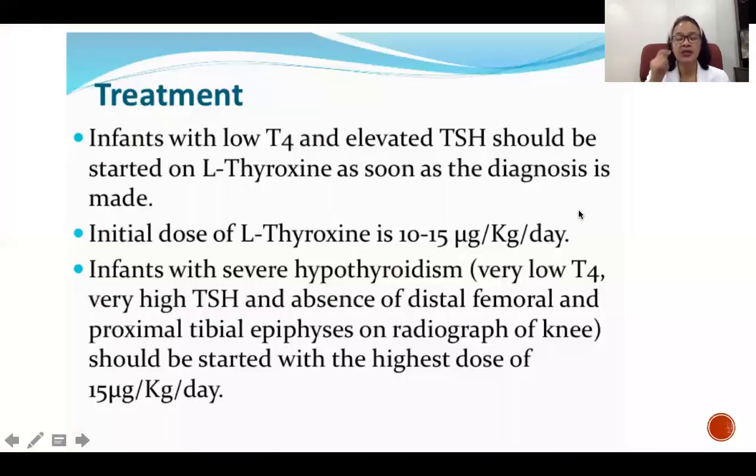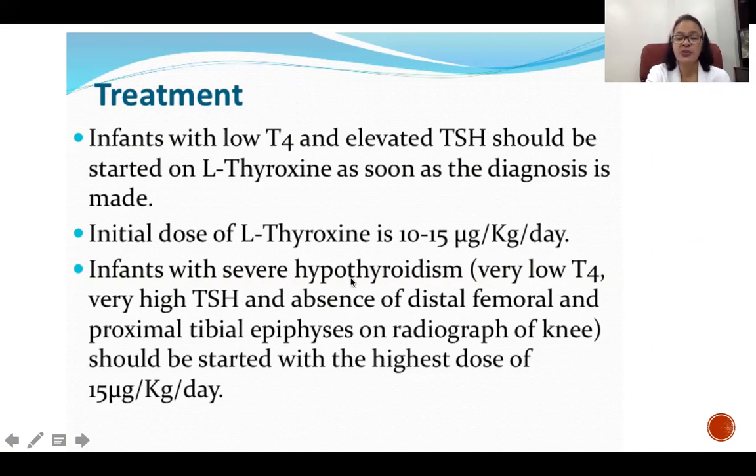So how do you treat congenital hypothyroidism? Infants with low T4 and elevated TSH should be started on L-thyroxine as soon as you make your diagnosis. The initial dose is 10 to 15 micrograms per kilogram per day.